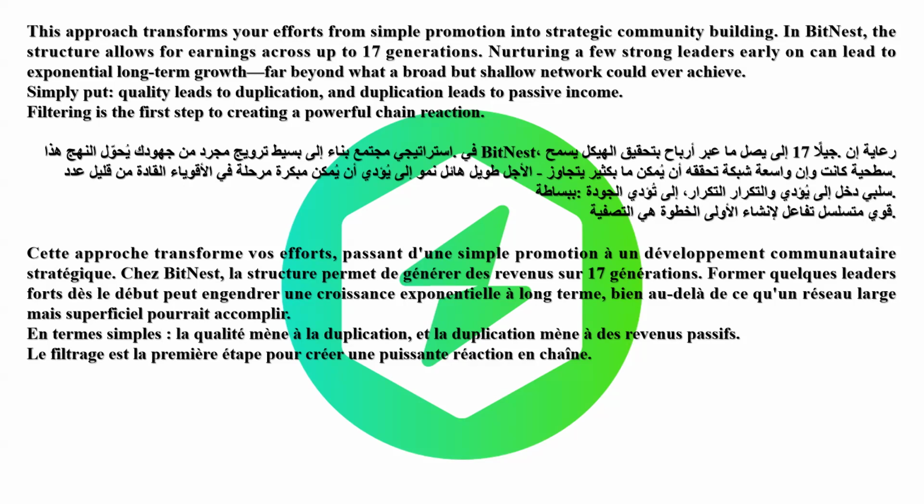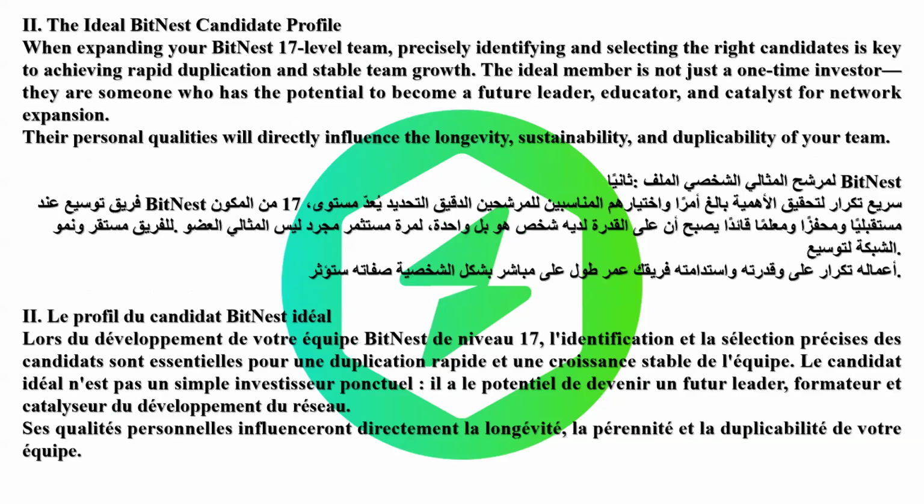Simply put, quality leads to duplication, and duplication leads to passive income. So filtering is the first step to creating a powerful chain reaction. Understand? Filter. Okay. Second part, we will talk about the ideal business candidate profile.